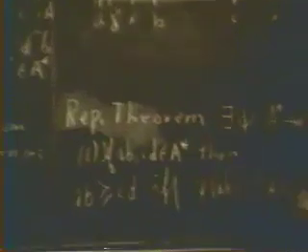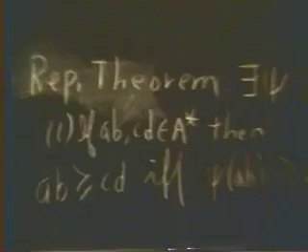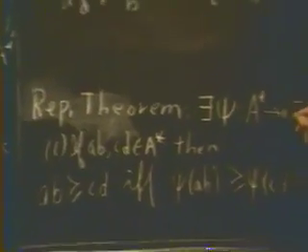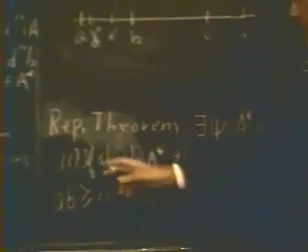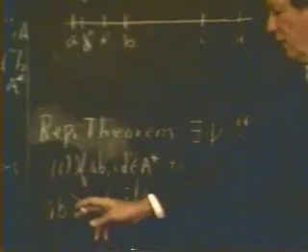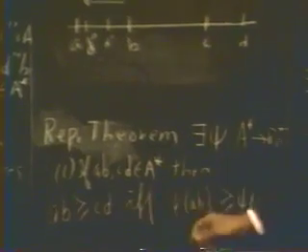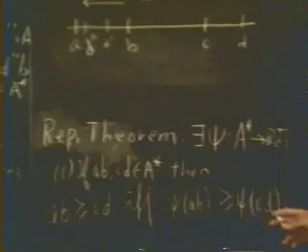What we assert, as a representation theorem, is there exists a real-valued function psi mapping A starred into the positive reals, such that if AB and CD are in A starred, then AB is judged equal to or greater than CD as intervals if and only if psi of AB is equal to or greater than psi of CD.